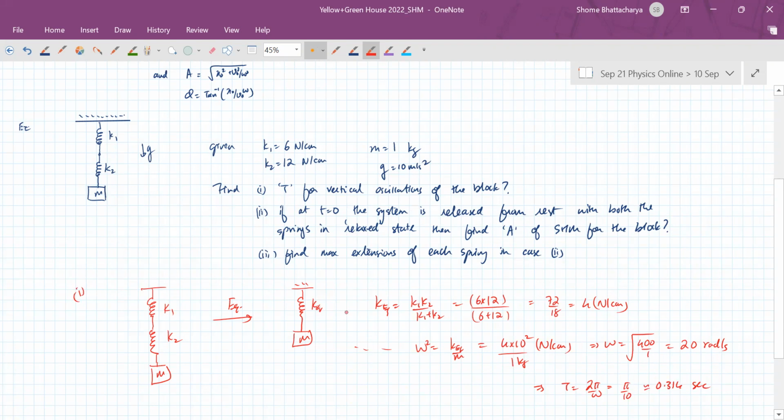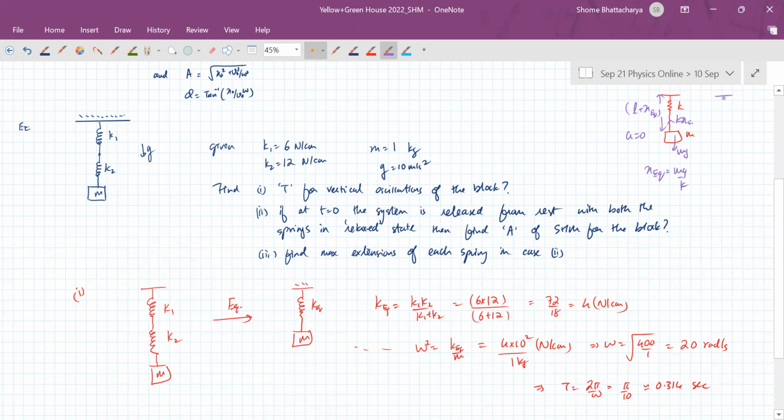I'm not showing the derivation of this formula once again because we've done that in the last lecture. We've seen the vertical spring mass system. We had seen that if you have a vertical spring at equilibrium position, the equilibrium position extension is mg by k.